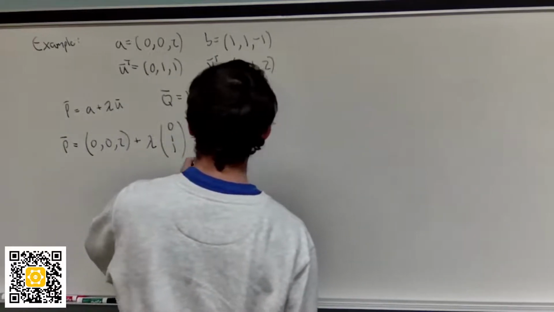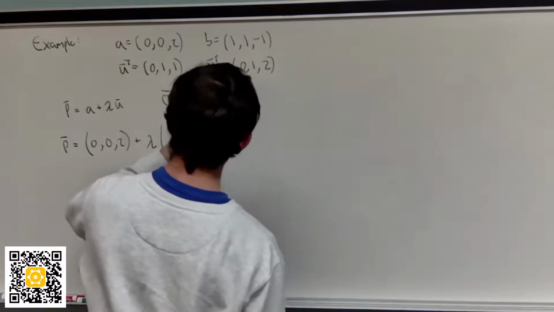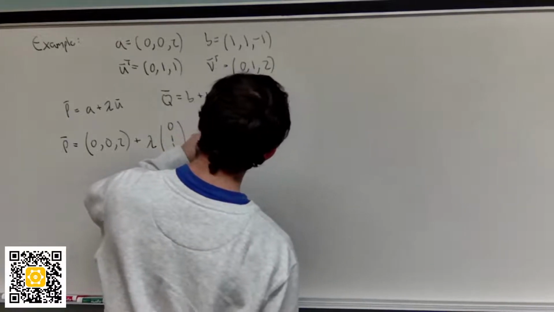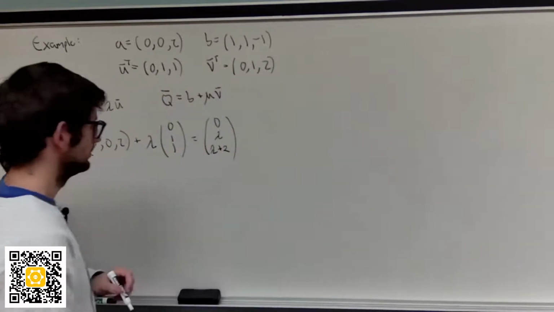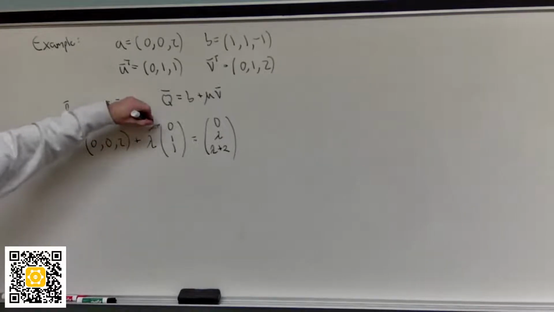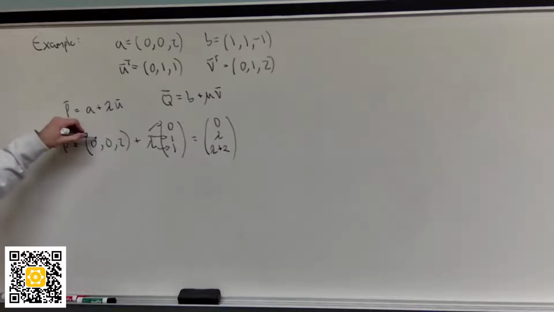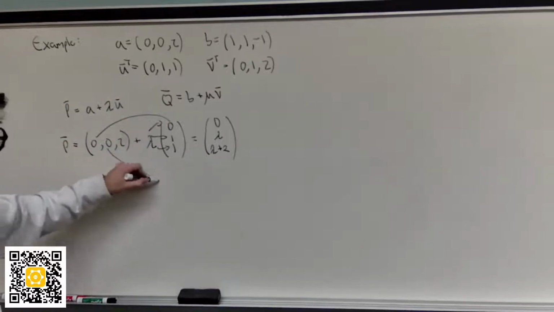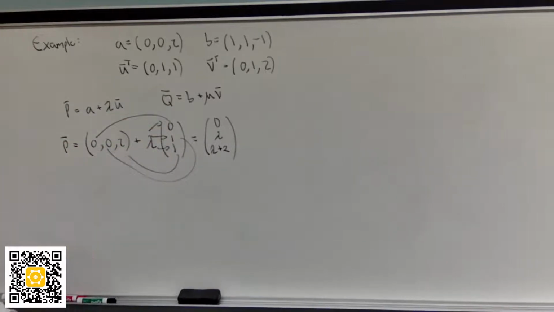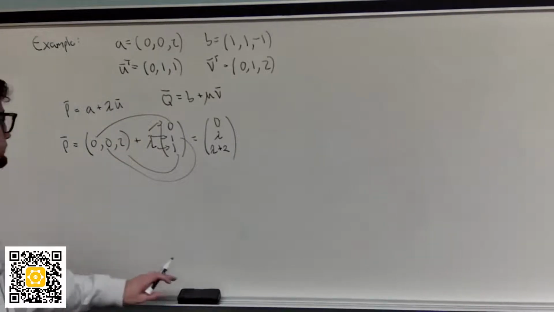I'll go over that because I feel like I did that too quickly. Distribute the lambda to all of these, and then the first ones you add, the second ones you add, and the thirds you add. That makes sense? Cool.